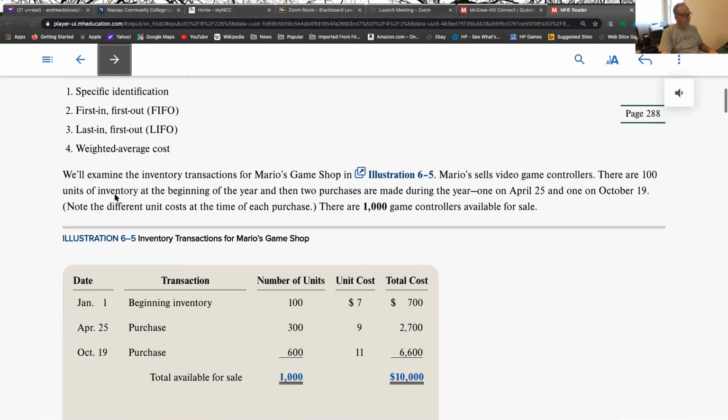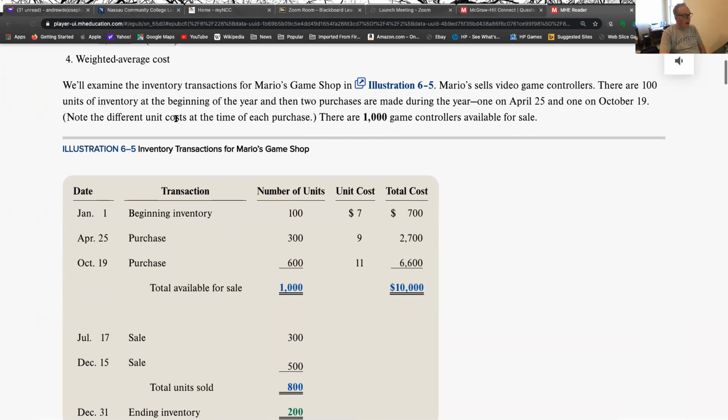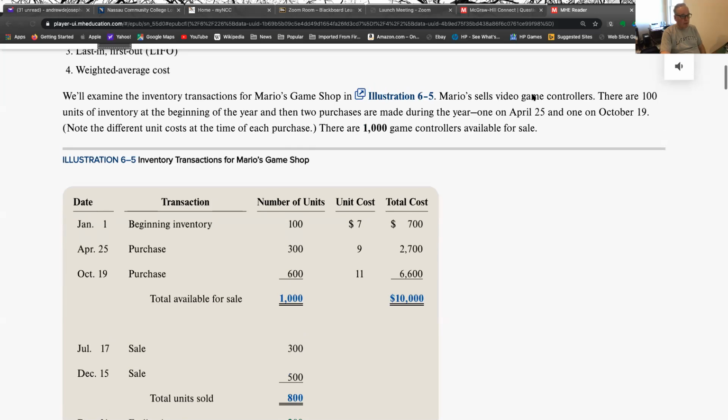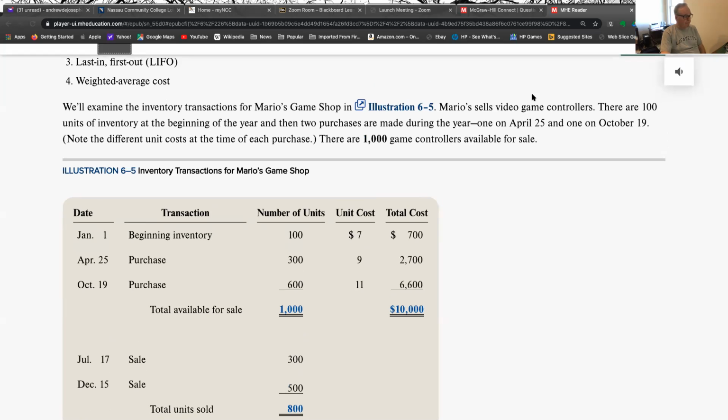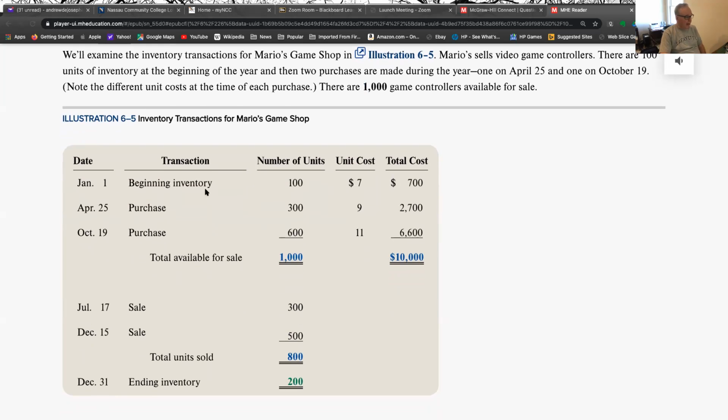Okay. So the example they give you, you've got this company called Mario's Game Shop, and they sell video game controllers. Now, at the beginning of the year, they had in inventory 100 of these things. They paid $7 a piece for them, so the total was $700.